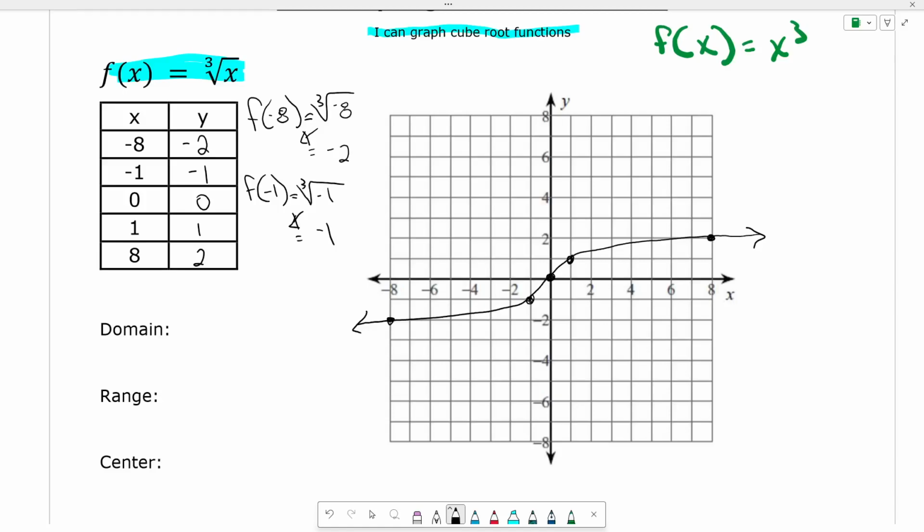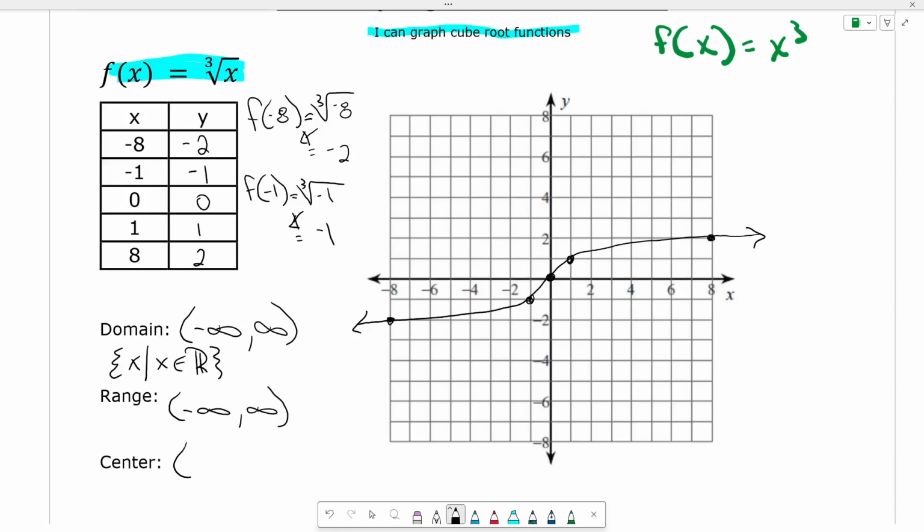The domain for these will be negative infinity to positive infinity, or you could also write it in set notation where you have x such that x is an element of all real numbers. Same thing with the range. The range will be from negative infinity to positive infinity, which is all real numbers again.